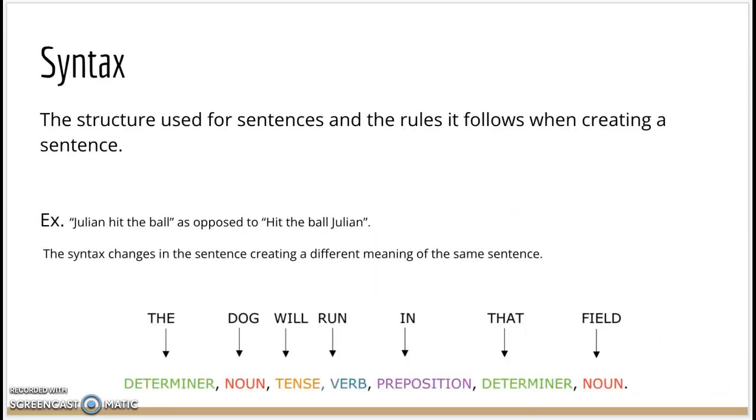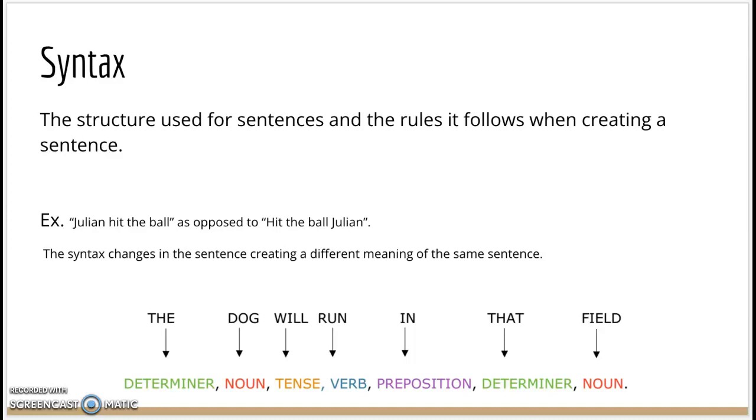Syntax can be defined as a structure that's used for sentences and the rules that it follows when you're creating a sentence. An example of this would be "Julian hit the ball" as opposed to "hit the ball Julian." It's the exact same sentence, but the syntax changes in the way that the sentence is structured, which creates a different meaning.